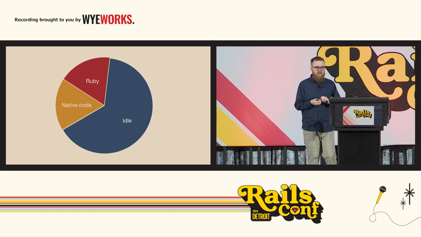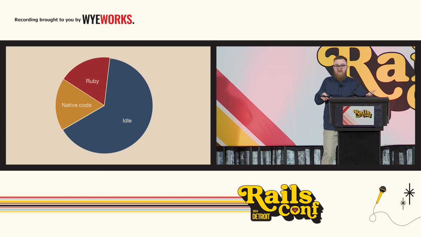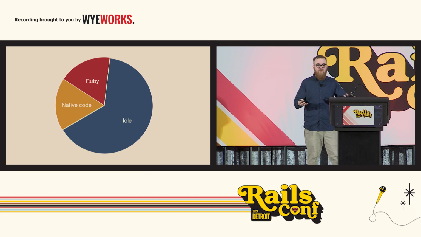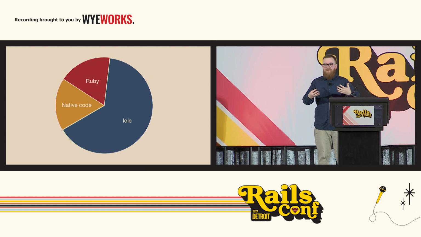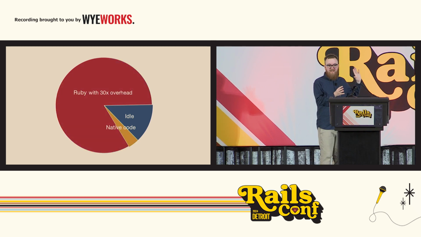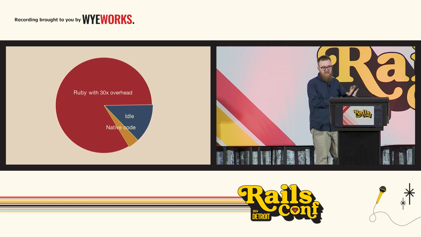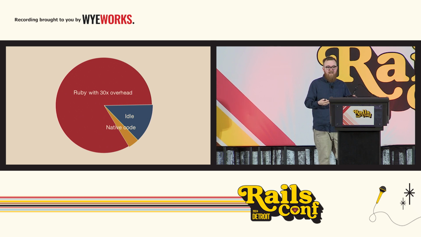Other time is spent inside of native code, like a C function usually, something like string.split we saw earlier. And then other time is spent idle. But if we are slowing down specifically the Ruby code, we're not going to be measuring the real program. We're going to be measuring a program where Ruby is 30 times slower than it should be. And that could mislead you into trying to optimize the wrong thing or making the wrong trade-off.